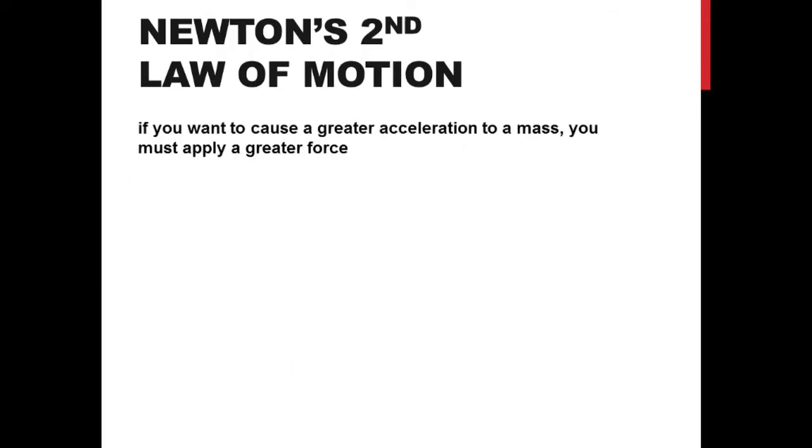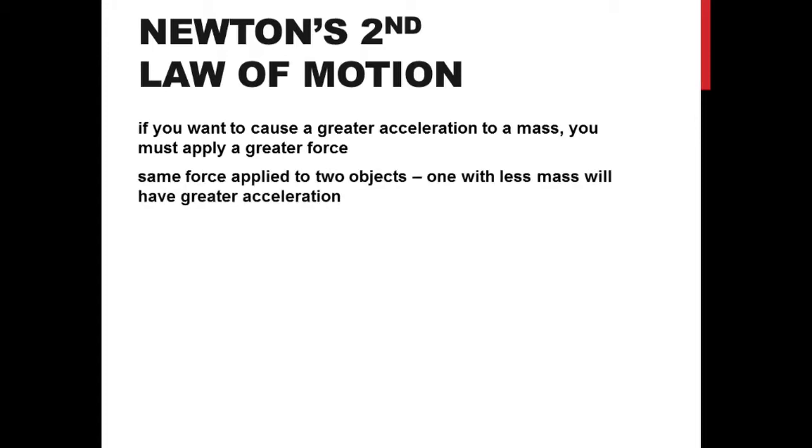Now, if you want to cause greater acceleration to a mass, you have to apply a greater force. So if you want something to accelerate more, you got to push it harder. And if the same force is applied to two objects, the object with the less mass will have a greater acceleration.